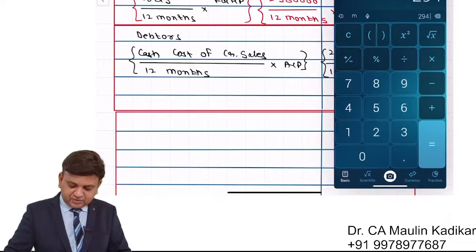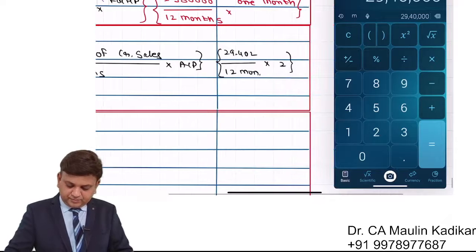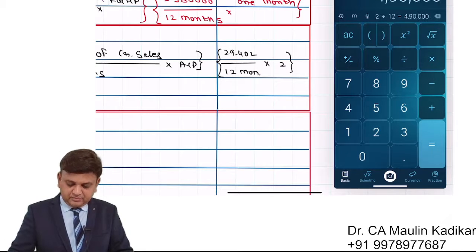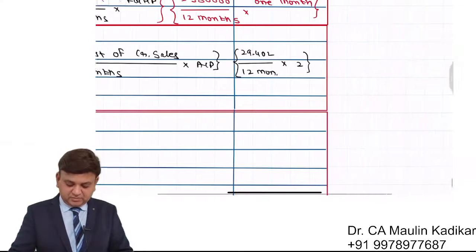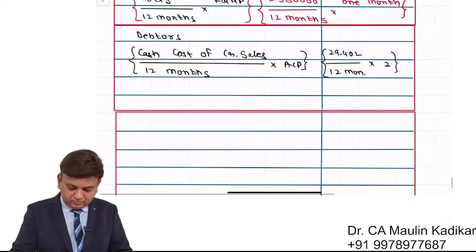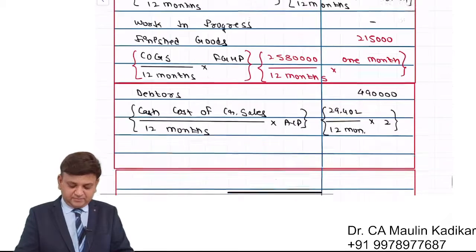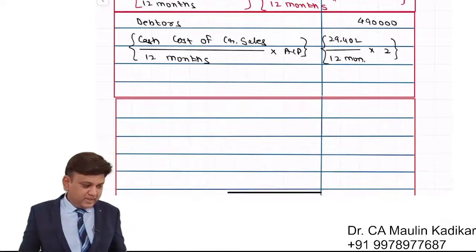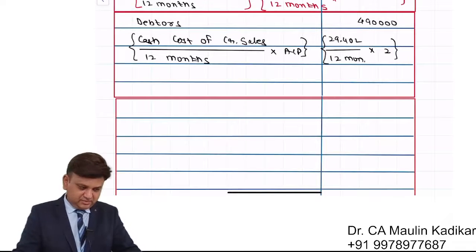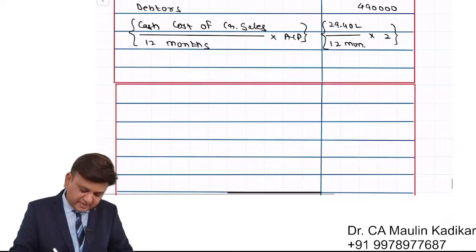So 29 lakh 40,000 into 2 divided by 12, 4 lakh 90,000. That is the way the amount of the debtors can be calculated. Next is cash balance. It is an amount of 1 lakh.